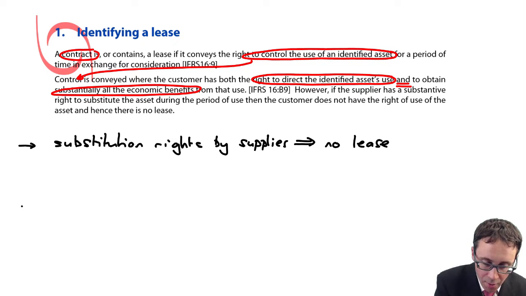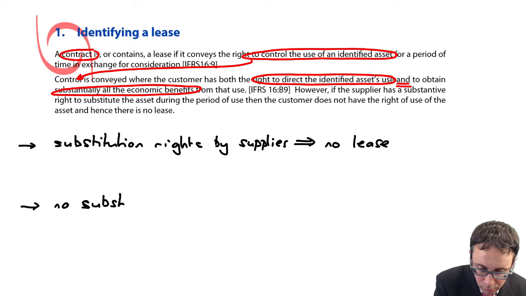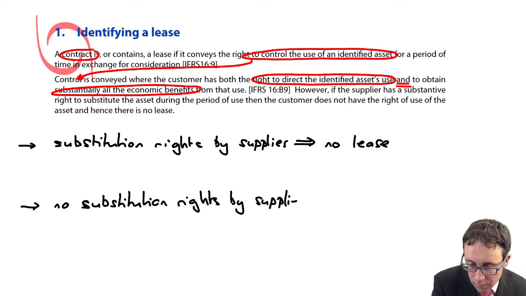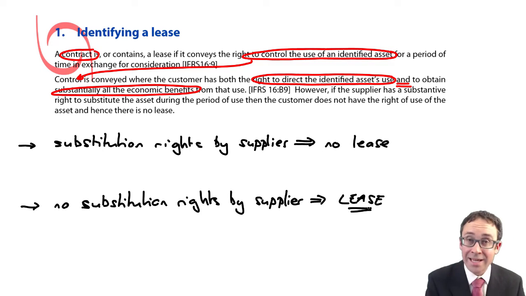However, if there are no substitution rights by the supplier, then there is a lease.